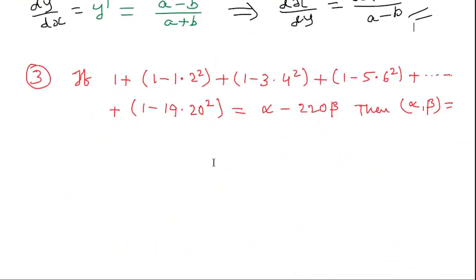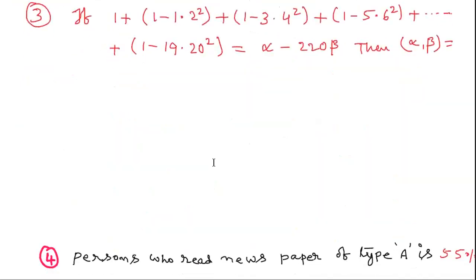Now see this sequences and series related problem. Here observe carefully. What are the terms? Which terms do we want to calculate first? Here 1, observe here 2, 4, 6 and so on up to 20. There are 20 brackets. Each bracket, 1 is there or not?